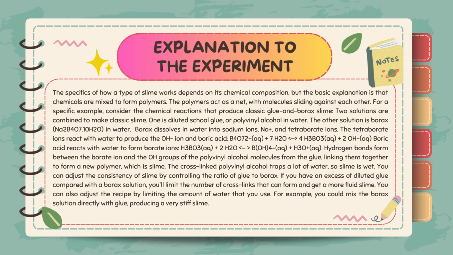One is diluted school glue or polyvinyl alcohol in water. The other solution is borax, Na2B4O7·10H2O, in water. Borax dissolves in water into sodium ions Na+ and tetraborate ions. The tetraborate ions react with water to produce the OH- ion and boric acid.